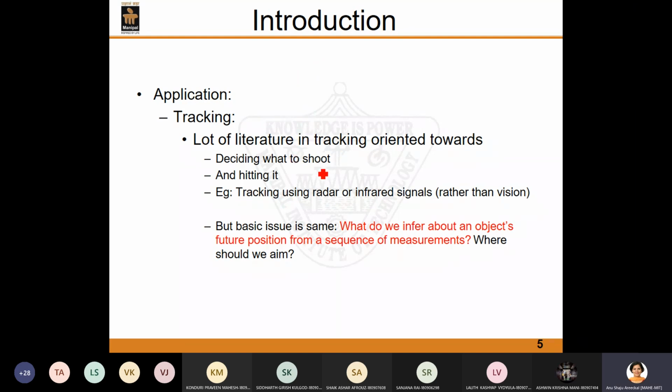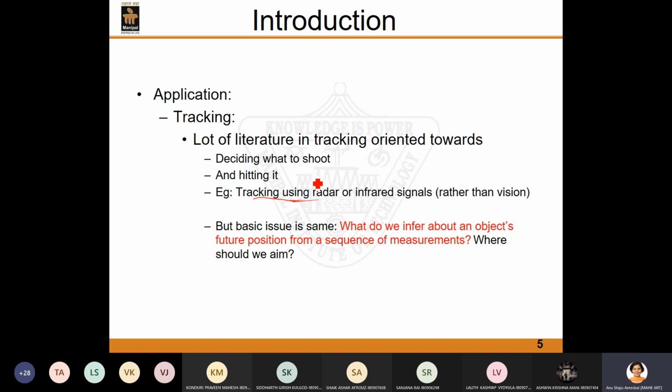Then regarding tracking, another application which you see is tracking missiles using radar signals. If you look at tracking algorithms, one of the earliest uses of tracking algorithms has been for finding the trajectory of missiles using radar or infrared signals.